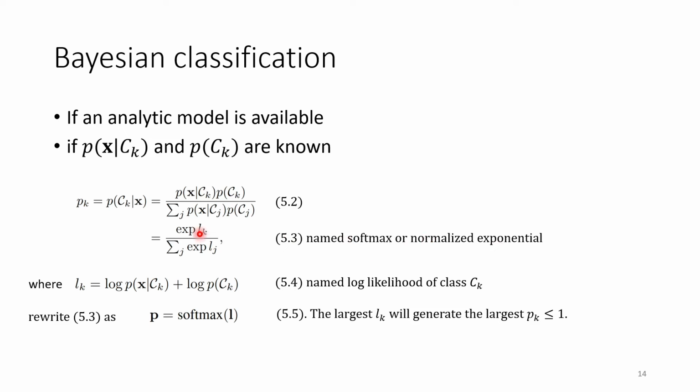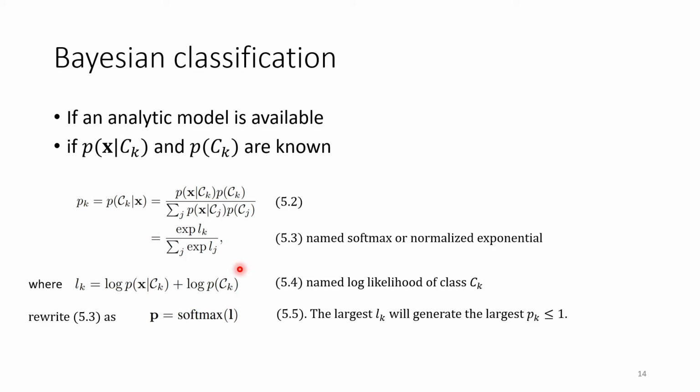We convert this equation to the exponential of a_k, which is the potential of this equation. They are totally equivalent. But why do we need to emphasize this? Because the l_k here has a name: it is the likelihood of the class k. Usually we will use this equation. Softmax means the overall expression.